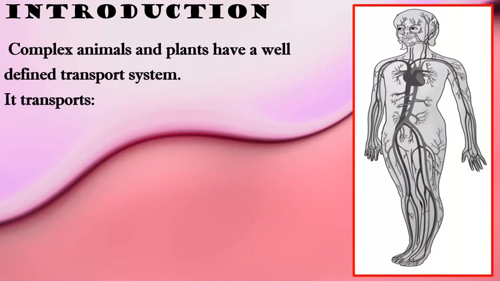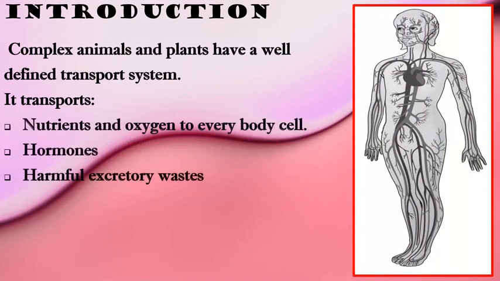So, complex animals and plants have a well-defined transport system. It transports nutrients and oxygen to every body cell, transports various hormones to their target place, and also removes the harmful excretory wastes.